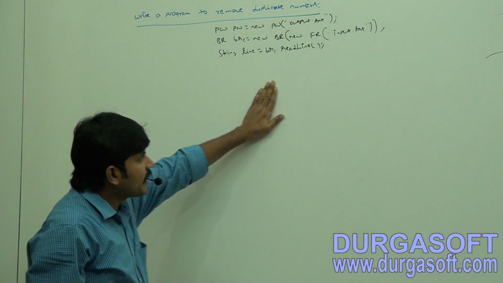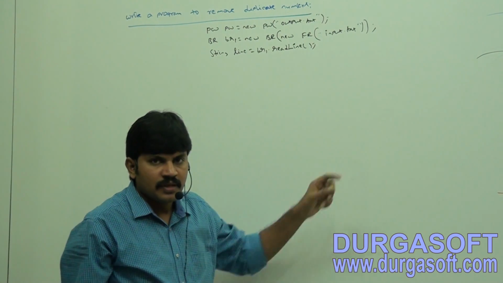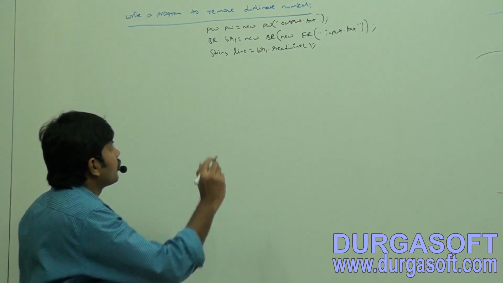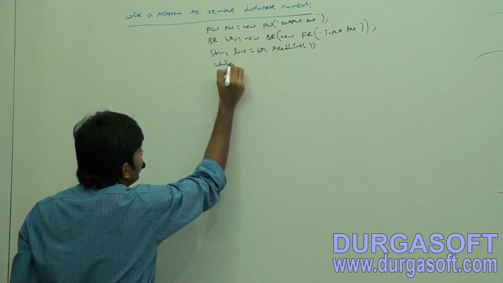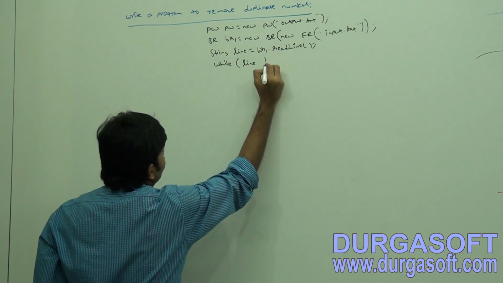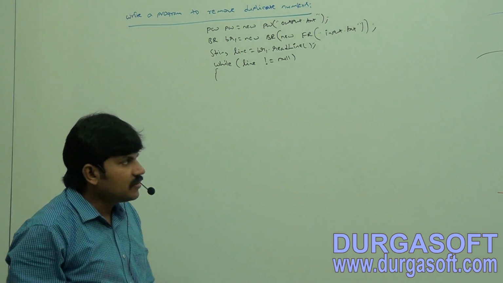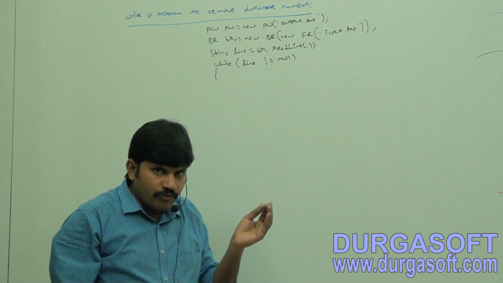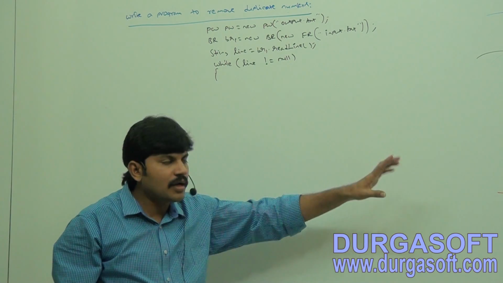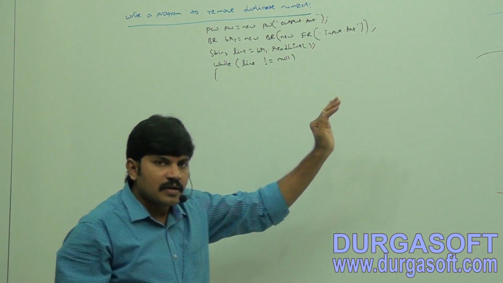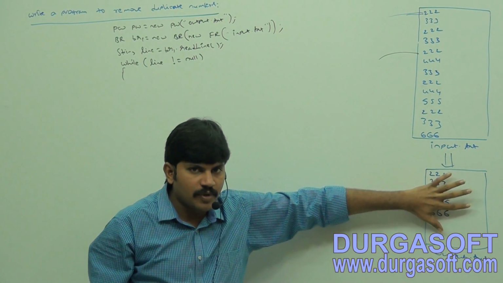Sir, I'm getting the first line from the input. While line is not equal to null, if it is not null, compare whether it is already available in the output or not.